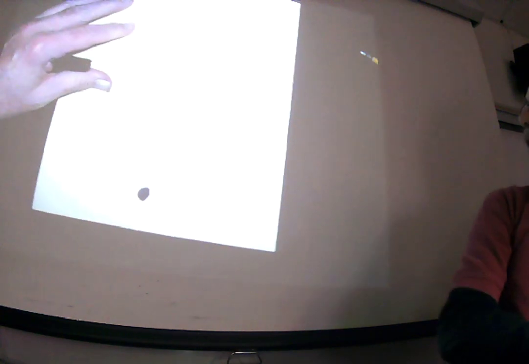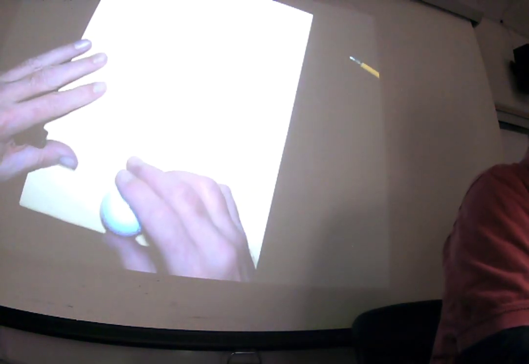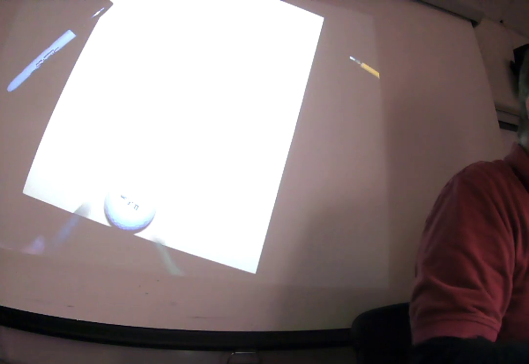So let's say that this was where the golf ball was. Let's say this is where the ball was, and you can't really see that, can you? Okay. Is that better? Okay. So this dot is where the ball was. And the two pens were acting on it and trying to push it.